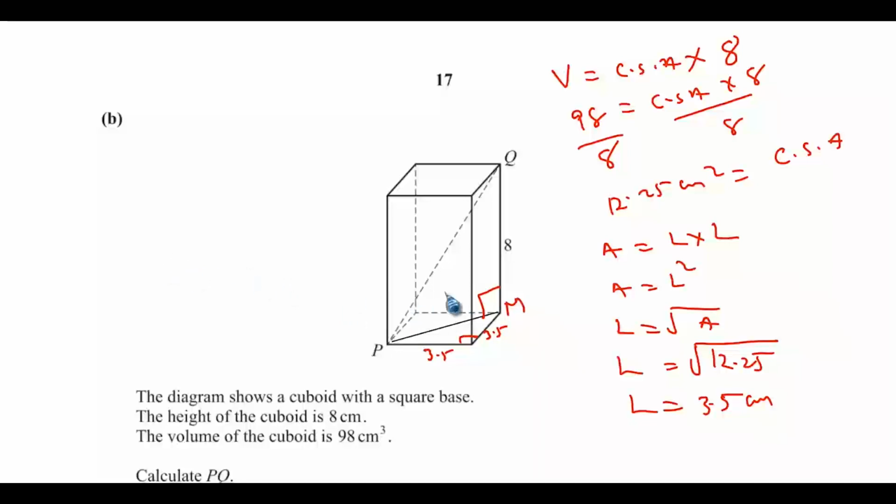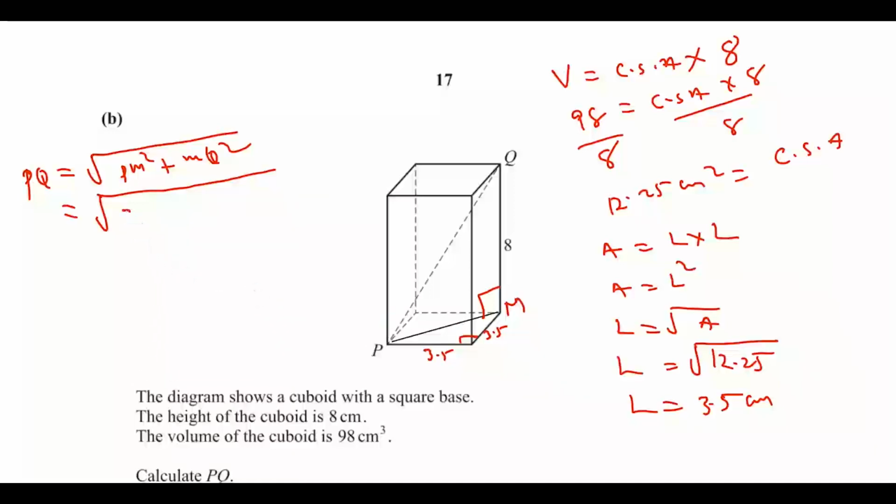So PQ equals to square root of PM squared plus MQ squared. That is using Pythagoras theorem. So PQ is hypotenuse equals to square root of the sum of squares of the other two sides. But PM is not given, but I can get it from this base. So instead of writing PM now, I can put these two there, because PM squared is equals to square of this plus square of this.